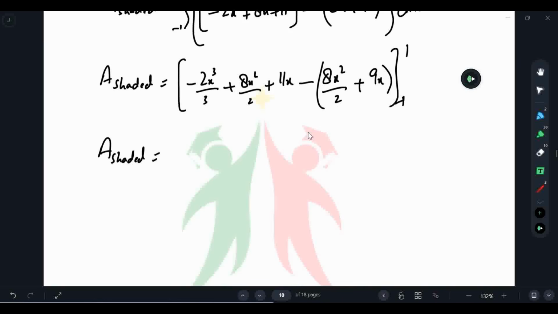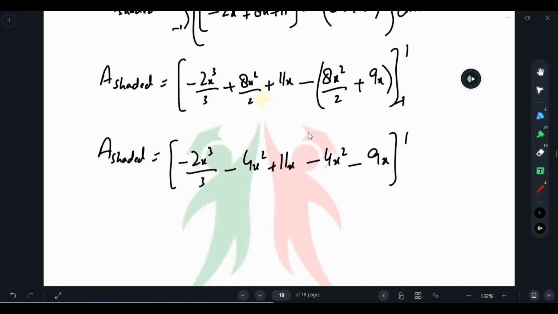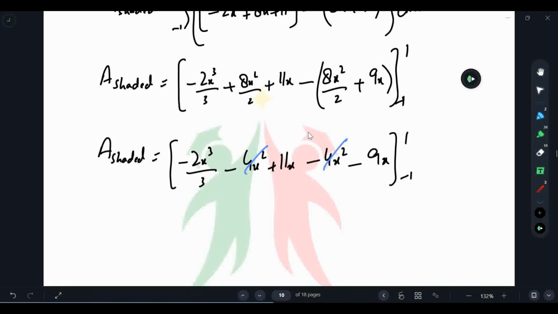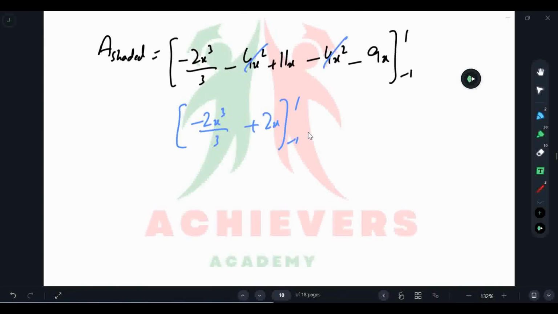So if we just put upper limit minus lower limit, the area of the shaded region will be equal to minus 2x cubed by 3 minus 4x square plus 11x minus 4x square minus 9x, between 1 and minus 1. Okay, now we can cancel out these two and finally we will have minus 2x cubed by 3 plus 2x, between 1 and minus 1. Now just put upper limit minus lower limit.